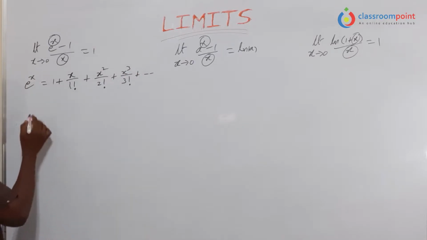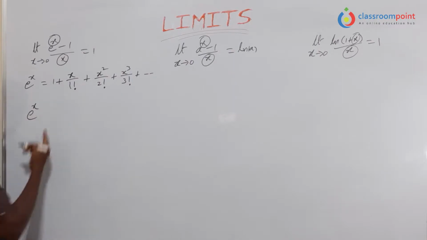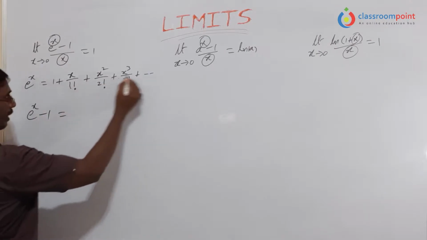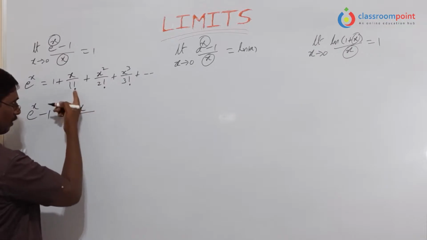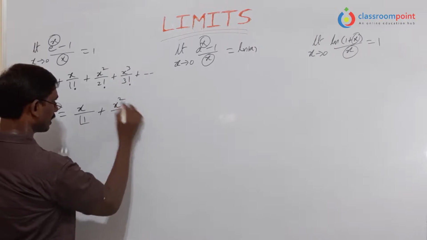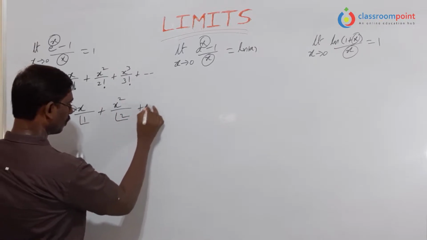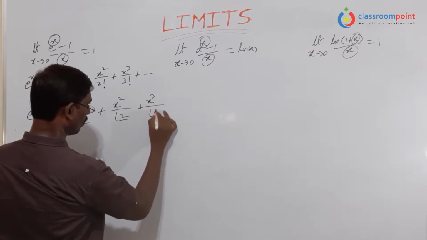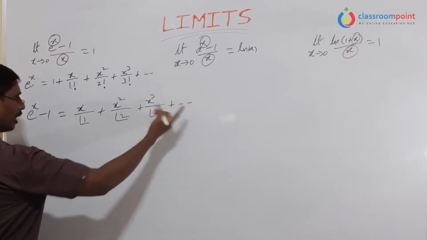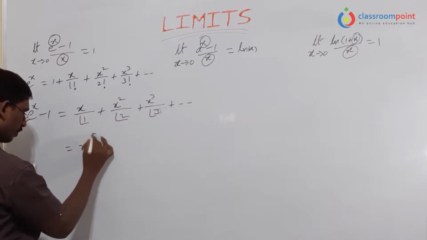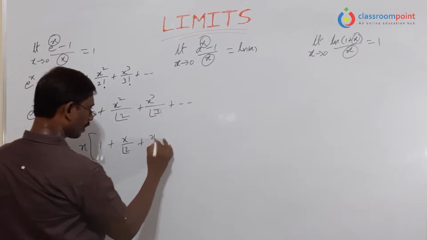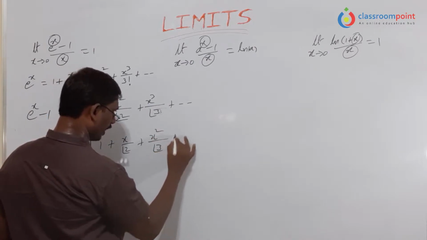So from this one I am doing like this: e power x as it is, 1 send to this side, e power x minus 1 is equal to the remaining values: x by 1 factorial, or factorial of 1, both are the same. Remember that is the main point. x square by factorial of 2, x cube by factorial of 3 plus and so on. From all these, I will take the common x value, then the remaining is 1 plus x by 2 factorial, x square by 3 factorial and so on.